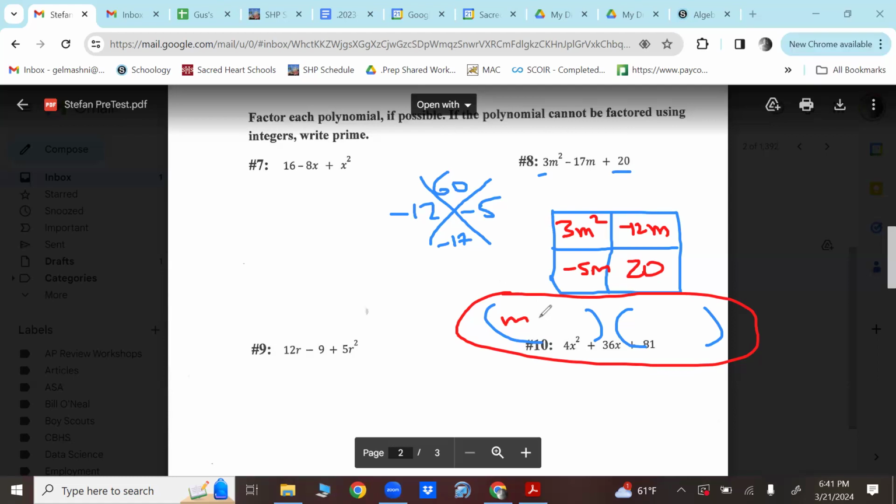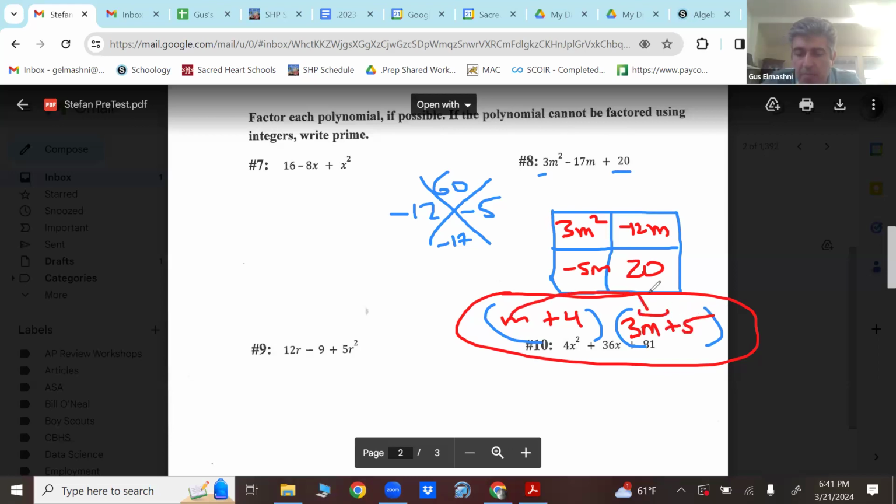There should be a plus or minus after the first m. Plus 4. Okay, and then what's the next one? 3m plus 5. Okay, so let's check your work, see if it makes sense.